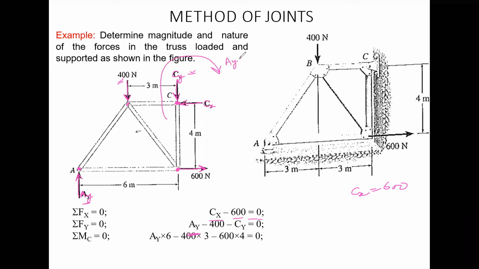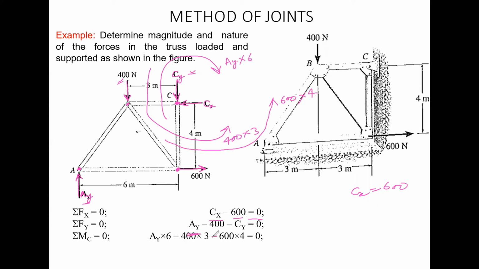This Ay into 6 is acting clockwise about C, and then 400 into 3 is acting anti-clockwise, so we are taking a negative sign here, and this 600 is also acting anti-clockwise. 600 into the perpendicular distance, which is 4 meters, so 600 into 4.